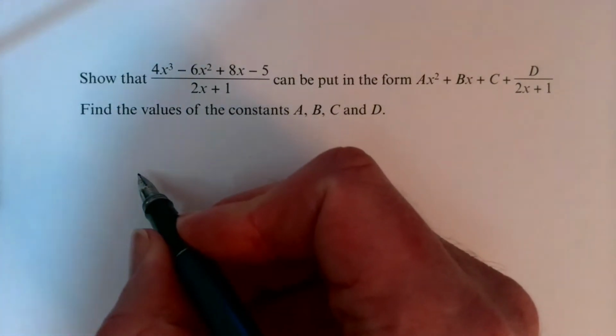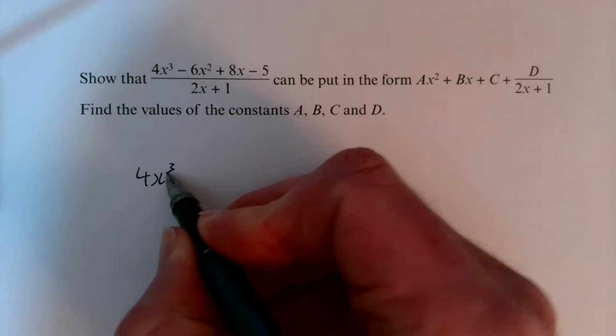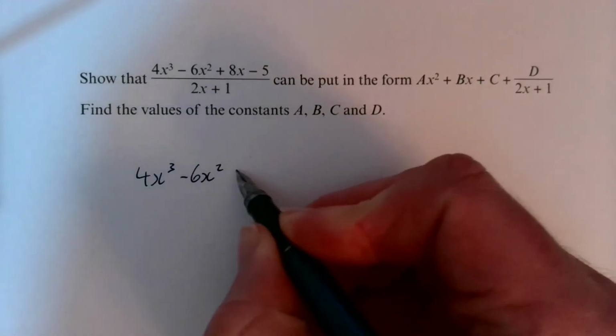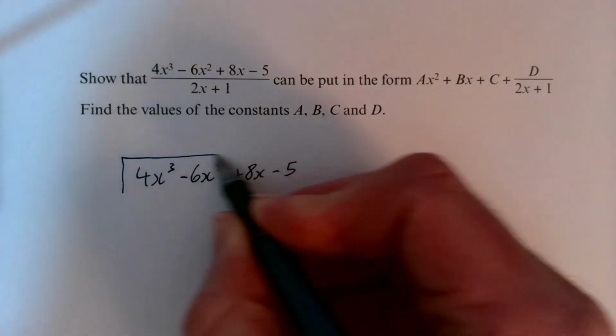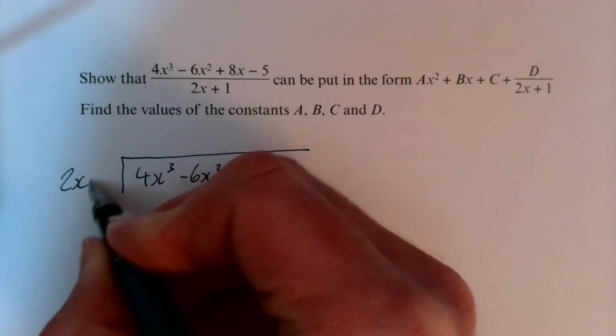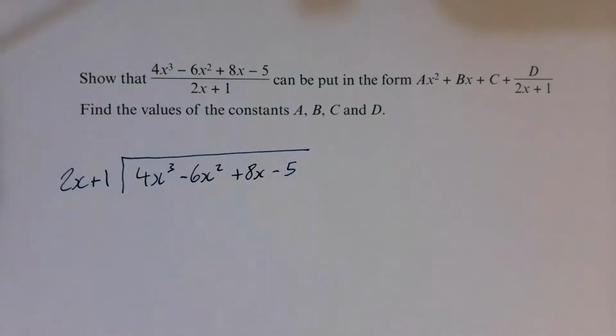So we start off with 4x cubed, take 6x squared plus 8x, take 5, and we're going to divide it by 2x plus 1. Now, we were all quite good at doing this last year, so pause the video and give it a go before checking what's gone on.